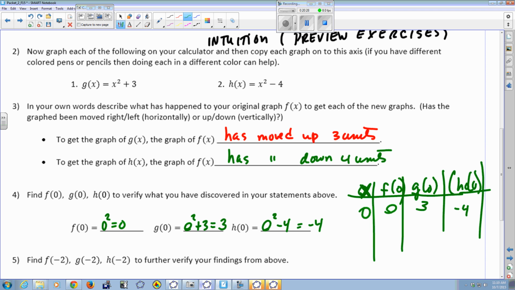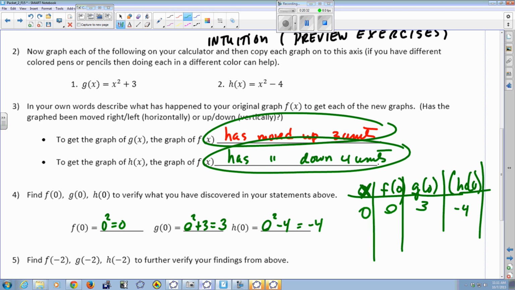So now compare what you've written up here with what the actual values are when you keep x the same. Well, to get g, I'm supposed to go up 3, and notice that your y value going from the graph of f to the graph of g has increased by 3, so that definitely checks.